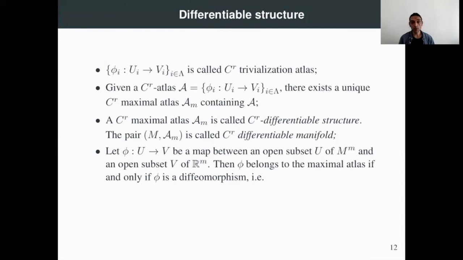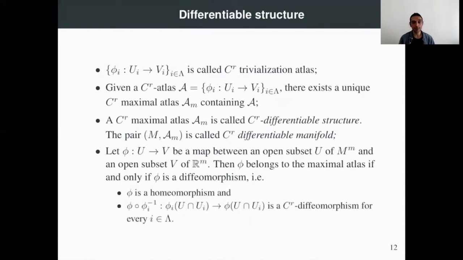And it is going to be such an element if and only if phi is a diffeomorphism. As we said in the previous slide, local charts are just diffeomorphisms between open subsets of our manifold and open subsets of a Euclidean space. So we need that phi is a homeomorphism, okay? And then we need to check the condition that it is a CR diffeomorphism.